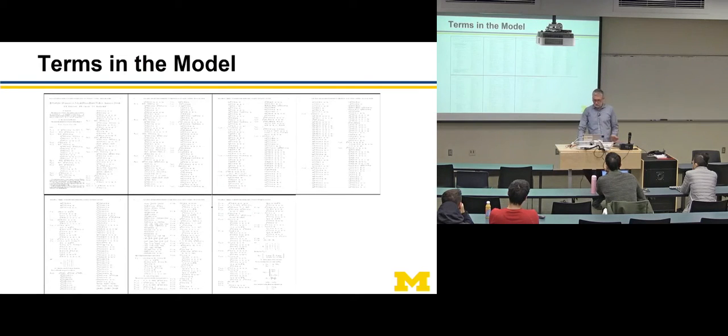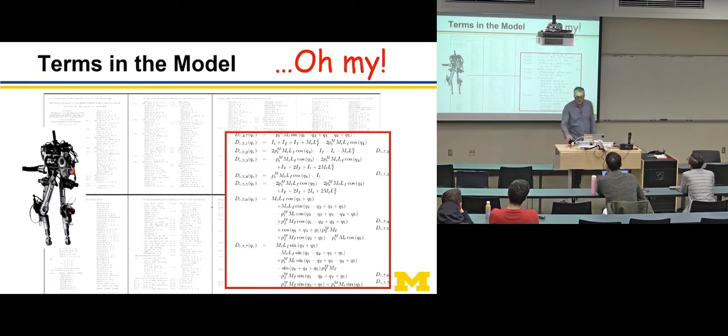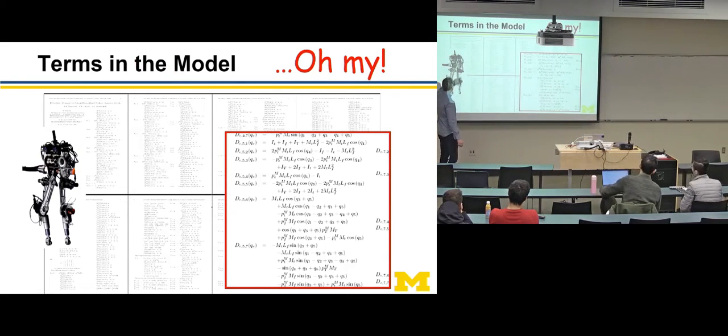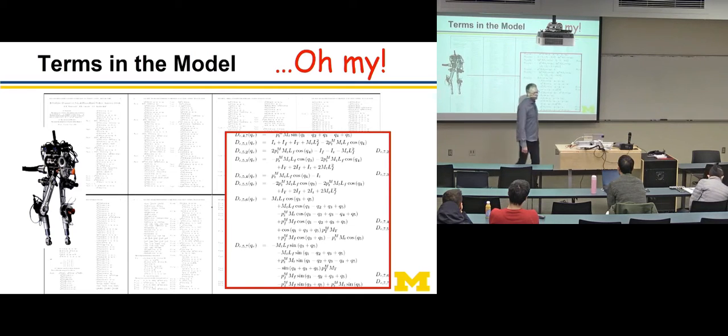But here's the problem. Even for Rabbit, there we go, there's Rabbit. Rabbit is a planar 5-link biped, with motors at the knees and motors at the hip. It's 1, 2, 3, 4, 5, 6, 7 pages of 10-point font for this robot.